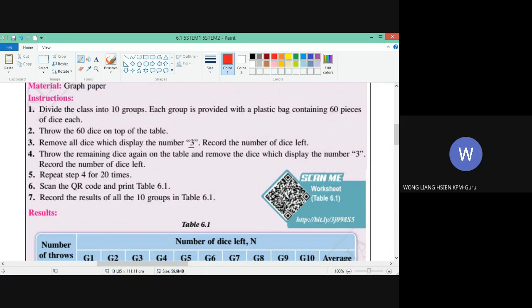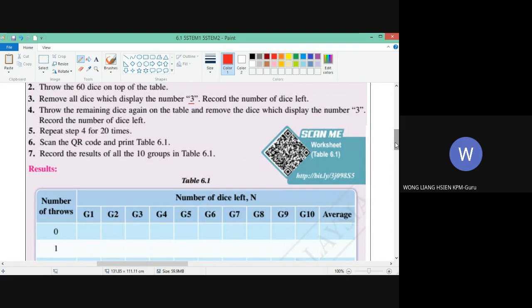That means every time you throw the dice, about 1/6 of the dice will display the number 3.